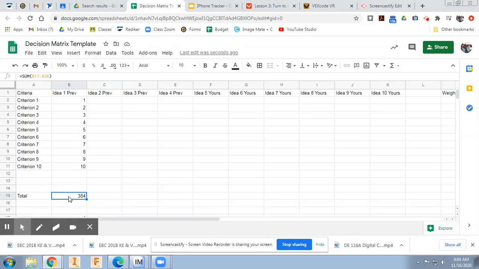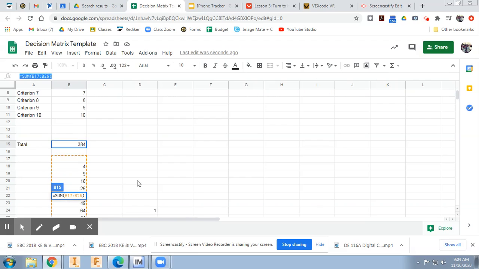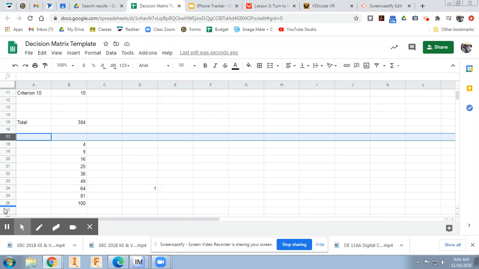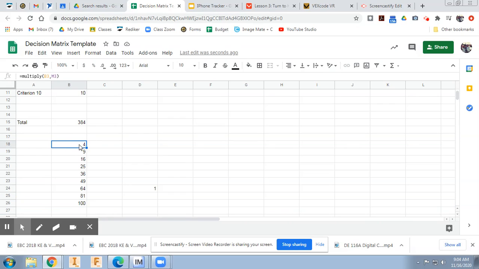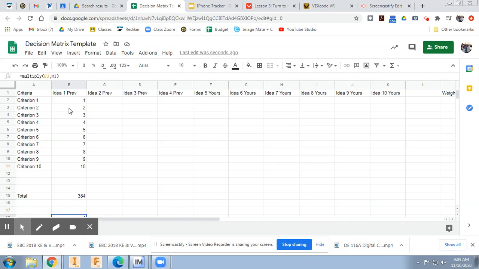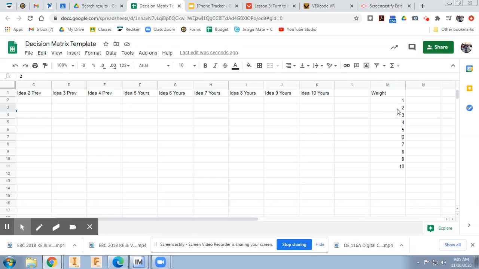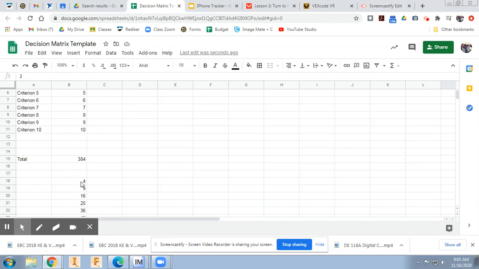Now, I've set up little formulas in some of these spots like this. You see it says sum B17, B26. Down here, B17 to B26, this is multiply B3 times M3. So let's look at what that's doing. B3 is this cell, 2 times M3. 2 times 2 is 4, right?